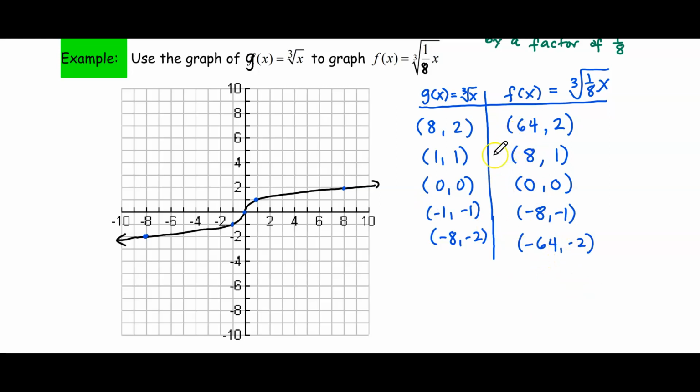So let's take a look at this point. 64 is no longer on that window. So let's just do 8, 1. So this 1, 1 here will go to 8, 1. Then we have 0, 0. And then the negative, this -1, -1 will go here. So this graph here was stretched. So it will go like that.